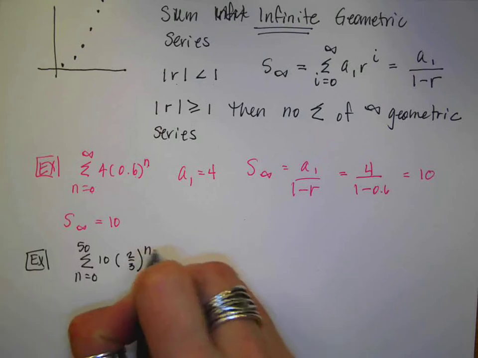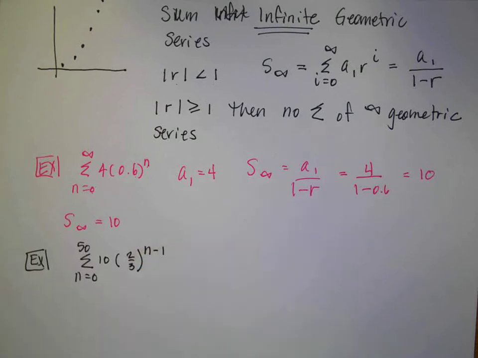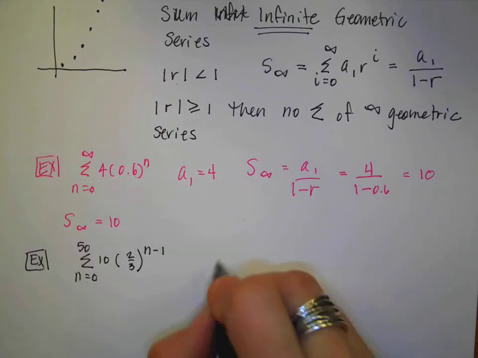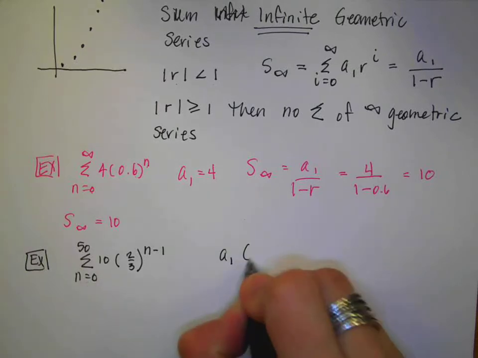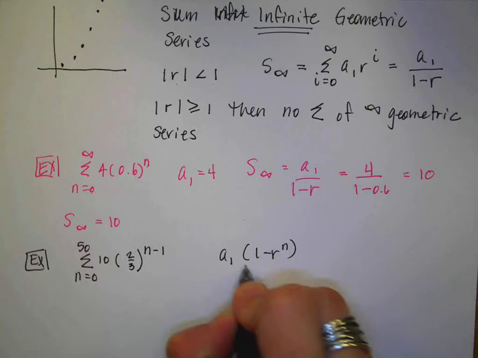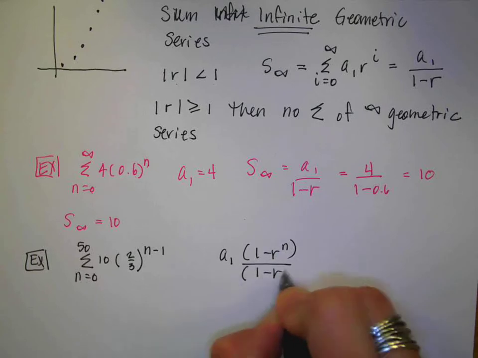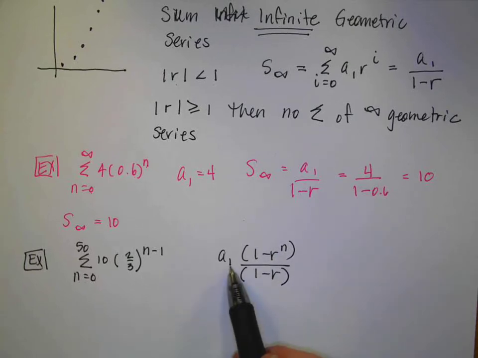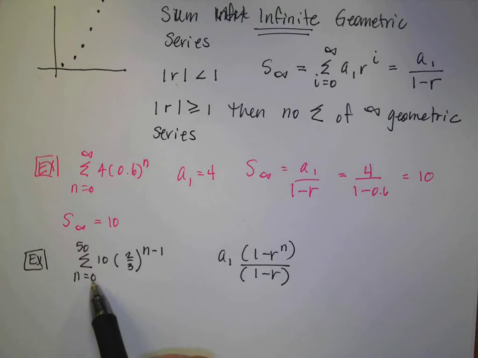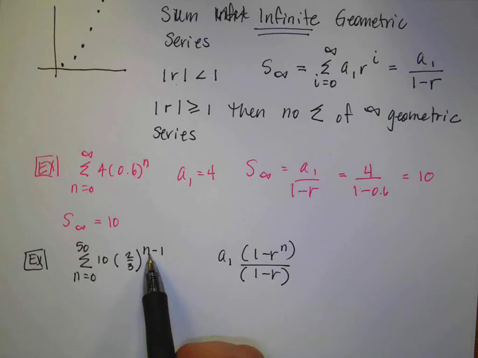I have one more example of this that I want to do just because it's a slightly different problem. So let's say I have the sum from n equals 0 to 50 of 10 times 2/3 raised to the n minus 1. Because this is a partial sum, I get to use the formula a sub 1 times 1 minus r raised to the n over 1 minus r, so I need the first term.